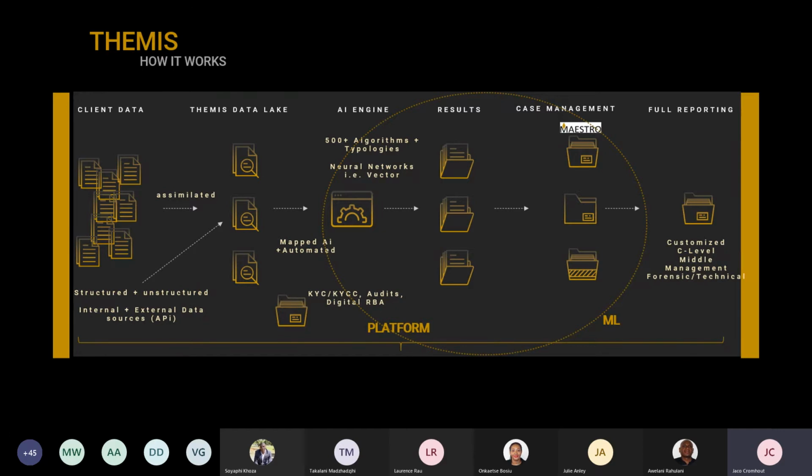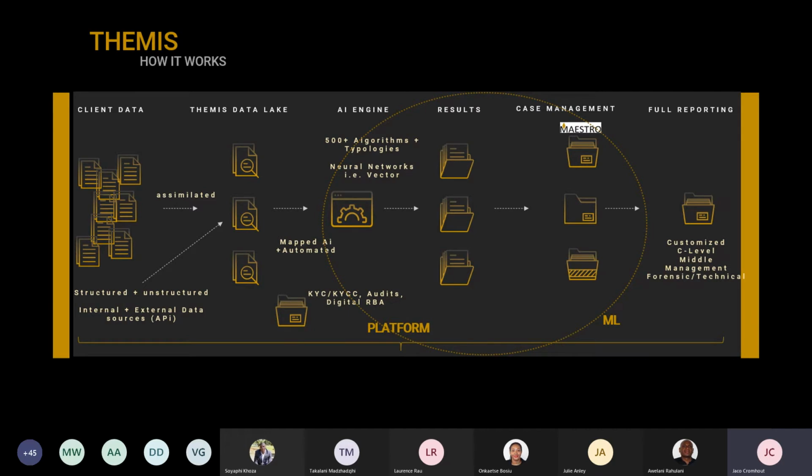How it works. We believe that you should start off with a solution that will provide rapid time to value. In that matter, we can work with structured and unstructured data, and we also connect with any type of external database or data source to enrich the data.